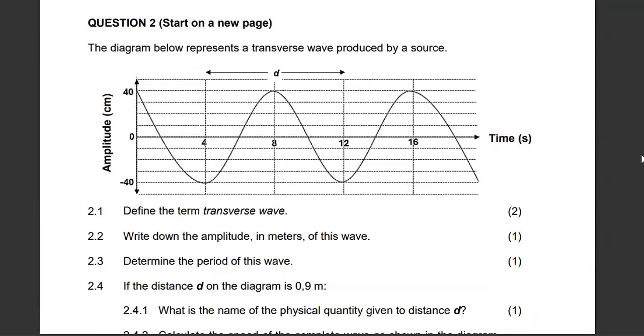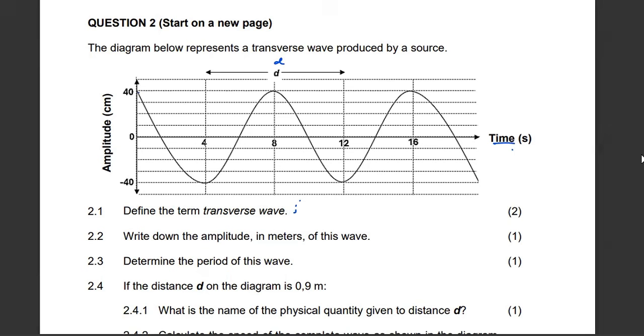All right, then question number 2. Question number 2, the diagram below represents a transverse wave produced by a source, okay? We're seeing the distance d and then the time, okay? And then they want us to define what the transverse wave is.